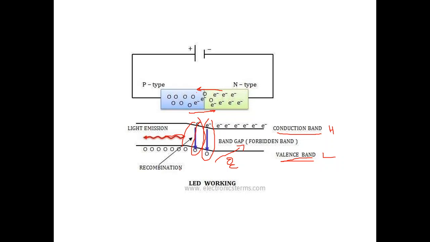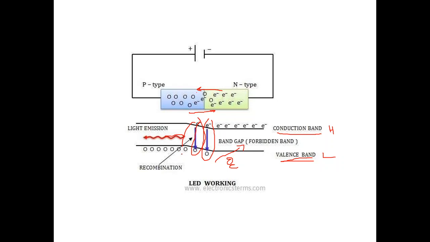That's why it releases light energy. LEDs release light energy, and mainly we have to remember that the elements release the energy in terms of light only. We have to consider materials like gallium arsenide for preparing the p-type and n-type materials for the structure, for the region of light energy.